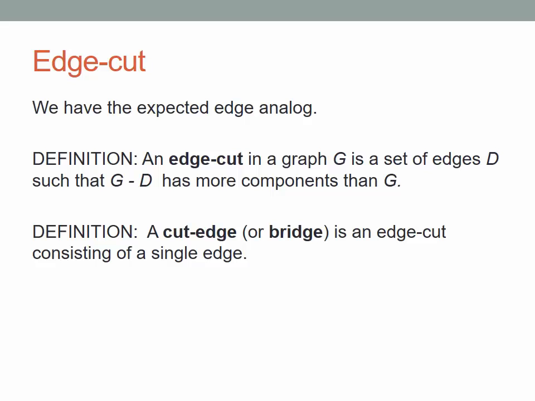The corresponding definition for edges: an edge cut in our graph is a set of edges whose removal increases the number of components in the graph. And a single edge is called a cut edge, or sometimes a bridge, if its removal disconnects the graph.